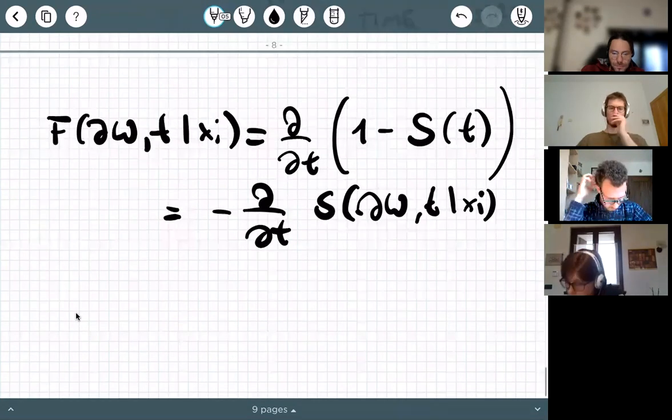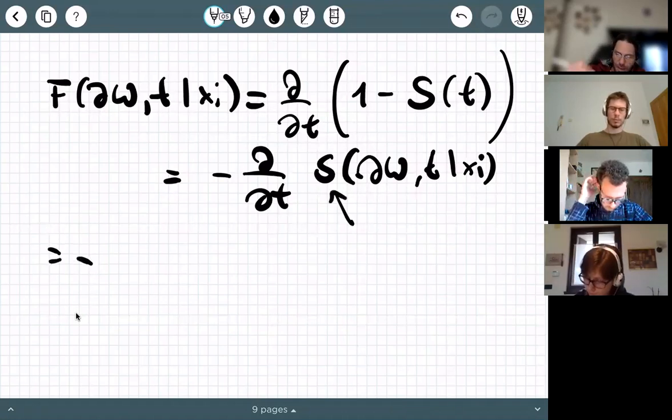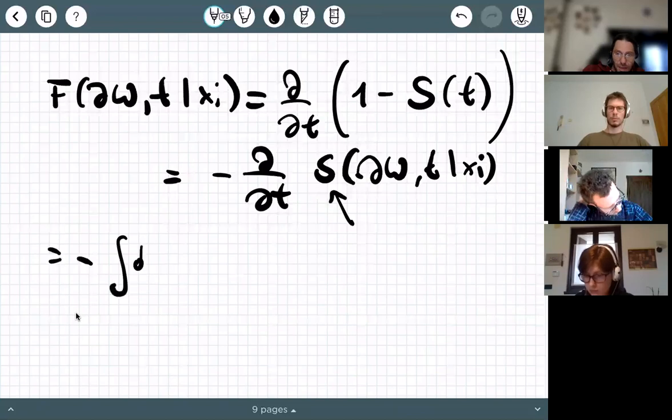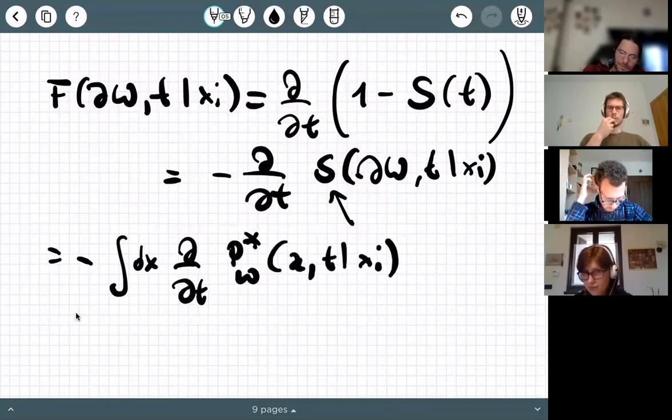And now you can actually compute this, because we know how to write this in terms of a Green's function. This is negative integral dx d by dt of p star W x t xi.